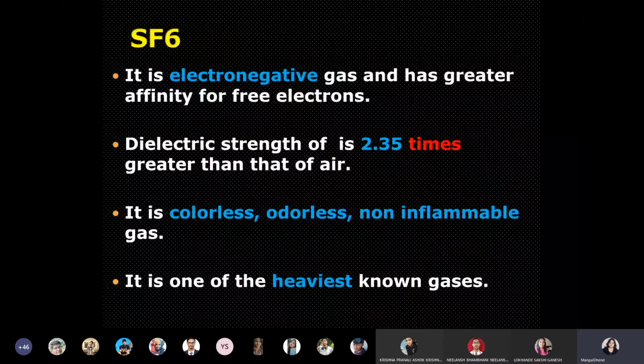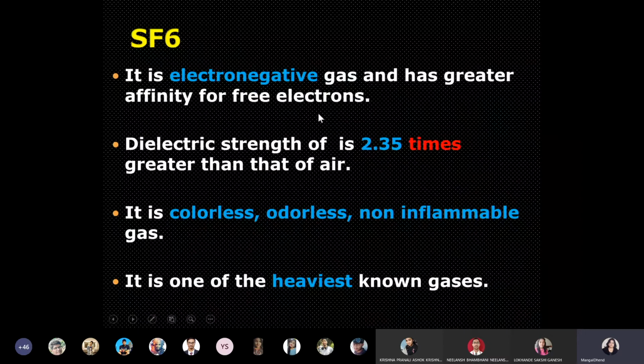Then consider SF6, the most popular gas used in electrical devices. SF6 means sulfur hexafluoride. It is an electronegative gas. So what is the meaning of electronegative gas? It has greater affinity for free electrons.